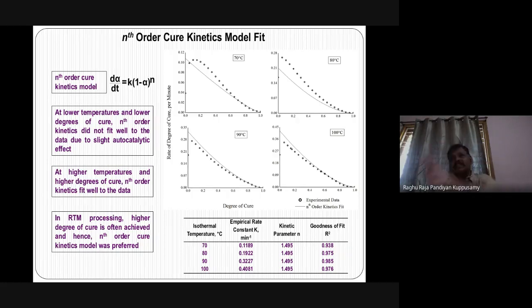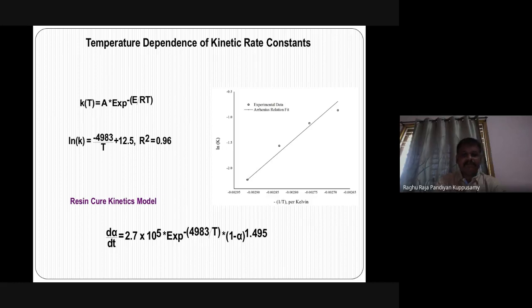According to the manufacturing method as well as the requirements, we choose the resin system. So according to the resin system, these kinetics models differ. For us, this unsaturated polyester resin is sometimes a very fast curing resin system, so we used nth order, which is justifiable.